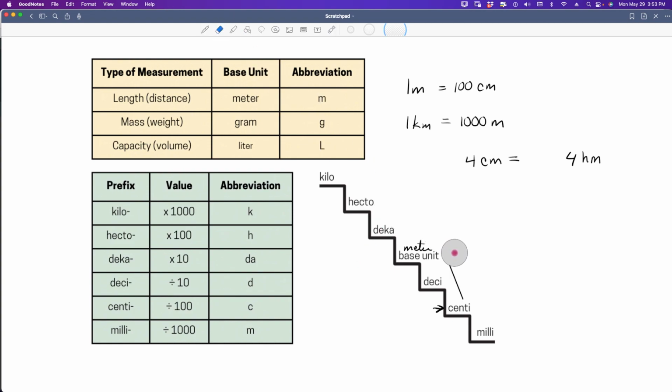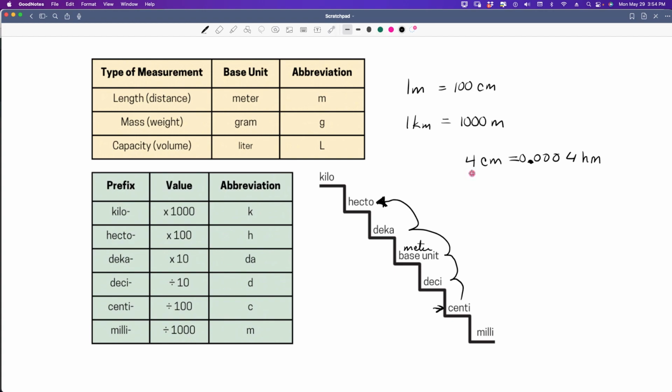So I'm going to move the decimal 4 places, and my arrow is to the left, so I'm moving to the left. 1, 2, 3, 4. So I'm going to put in some zeros so that it illustrates where my decimal is. Right? So I moved my decimal 1, 2, 3, 4 spaces. So I have 0.0004 hectometers when I have 4 centimeters. That's the way it works.